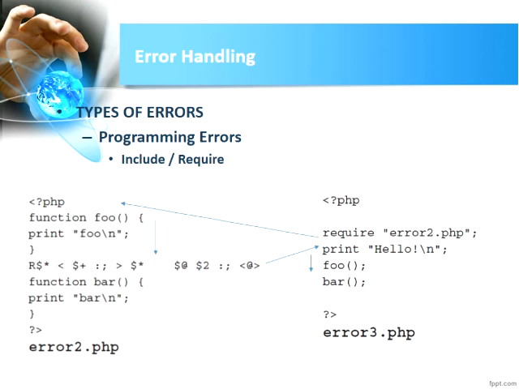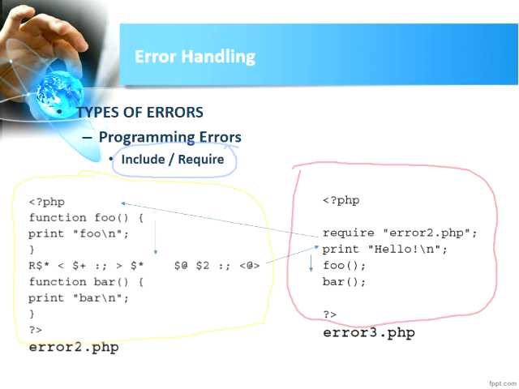Let's move now to another type of error, include and require. So this is a file, the first file, error2.php in yellow, and we have another file in red, error3.php.